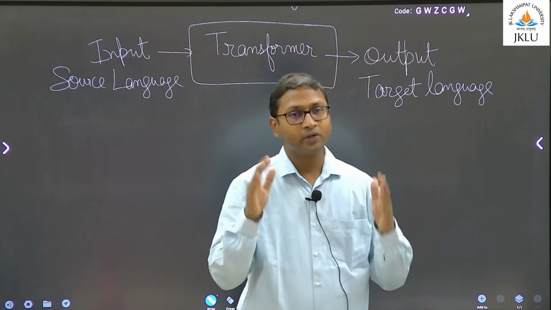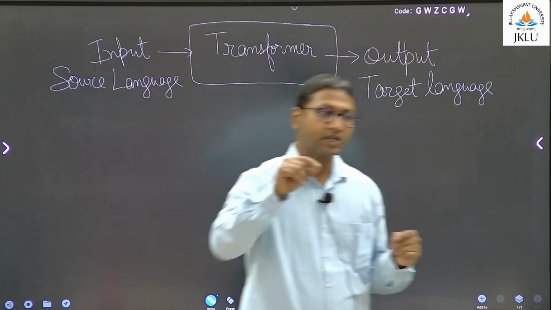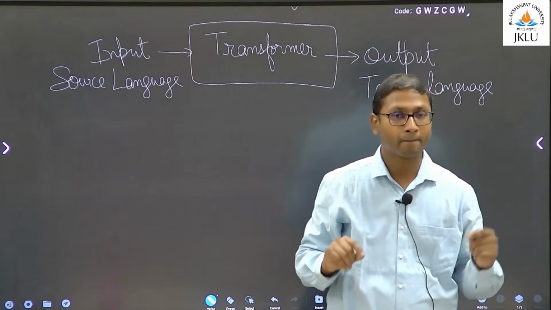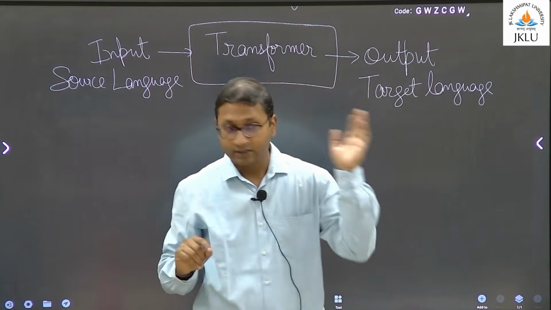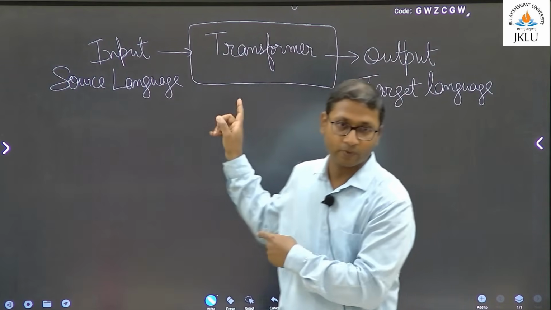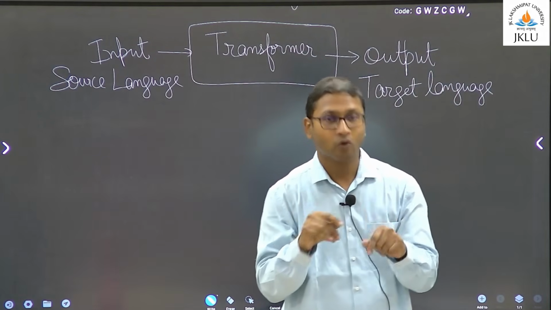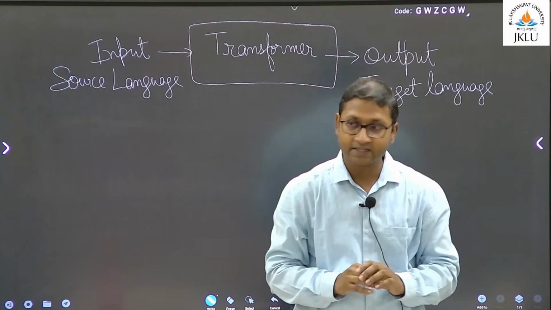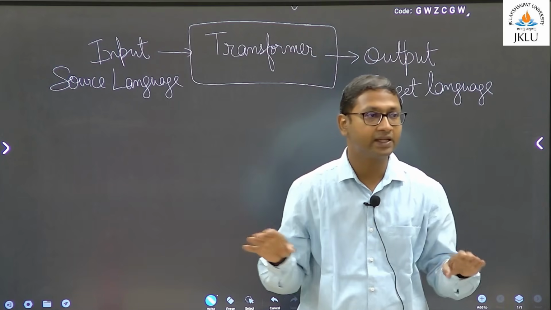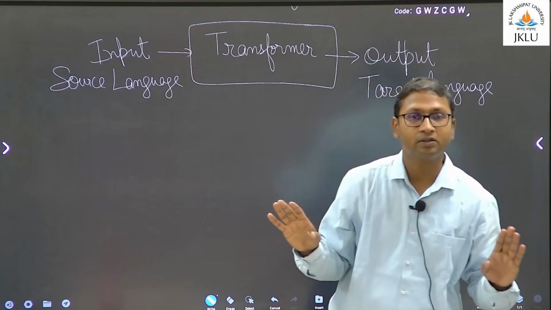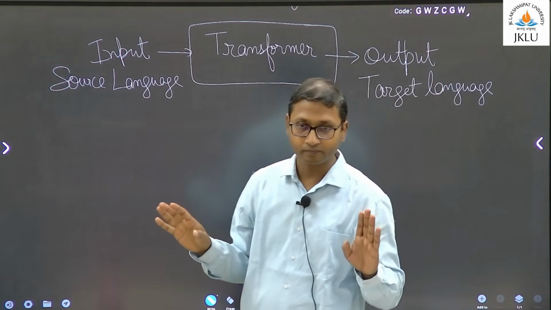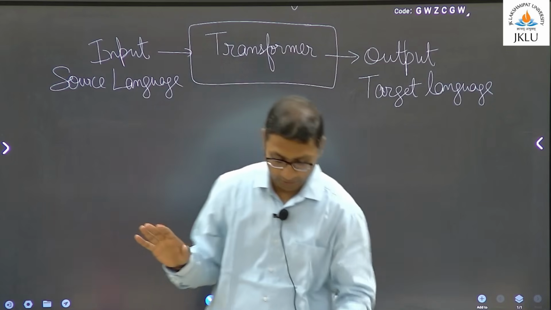In that encoder decoder architecture, if you start using attention, then things are much improved. Then what next? This paper comes and says attention is all you need. What is hidden here is that recurrence is not necessary. Make sense?